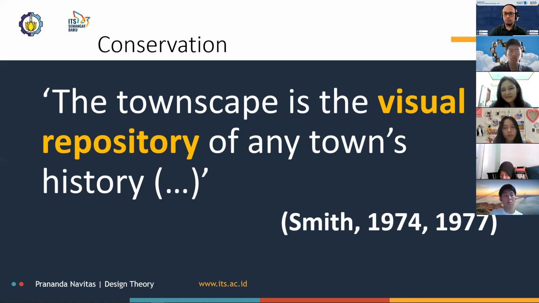So in conserving the urban morphology, in conserving the urban shape, we are also retaining the city's history, and ultimately we are also preserving the city's identity.